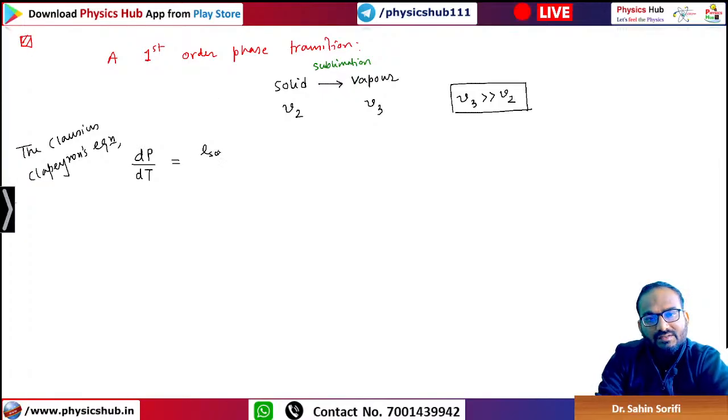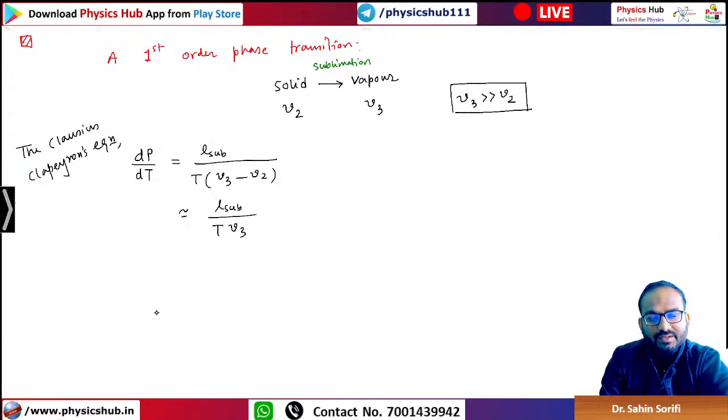So L sublimation divided by T times V3 minus V2, final volume minus initial volume. Now V3 is much greater than V2, so we can write L sublimation divided by T times V3.